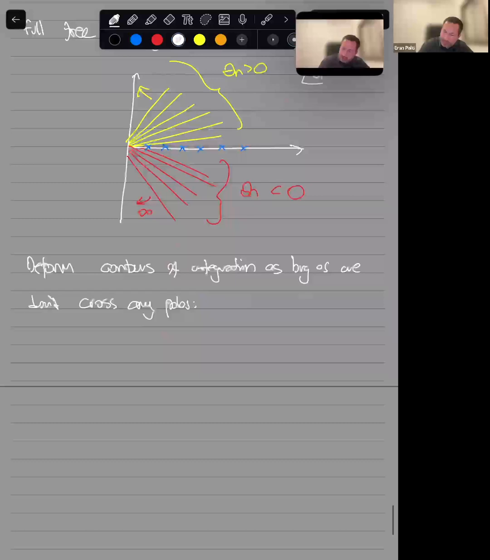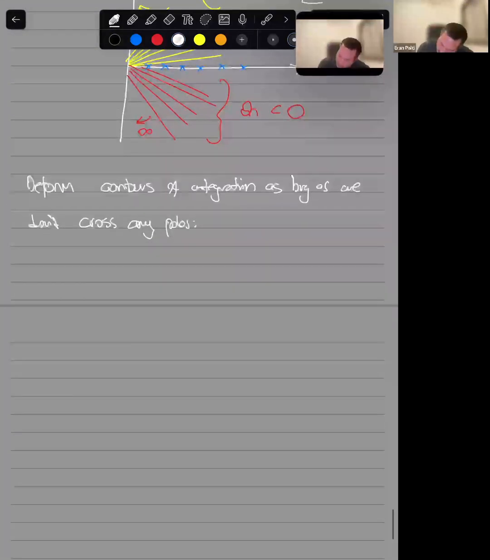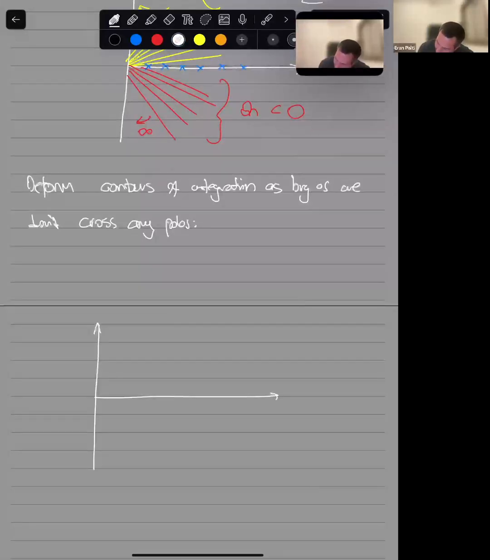Which means that we cannot bring all the lines together because there are poles on the x-axis. So the best we can do is bring all the lines in the top half plane onto the same integration line, and all the lines in the bottom half plane onto the same integration line. So the best that we can do is do something like this.